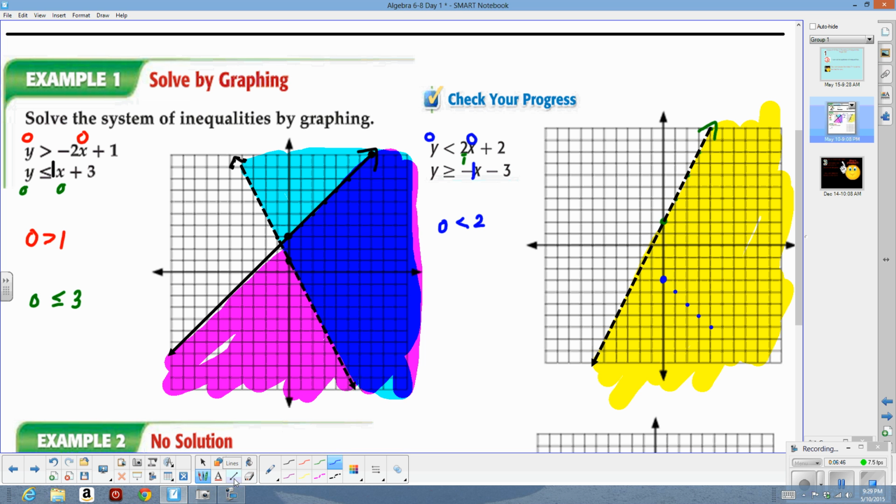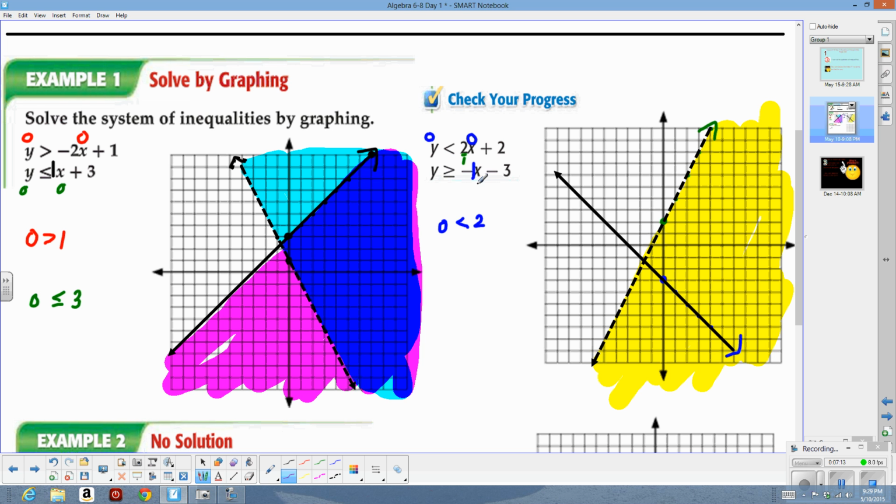It's greater than or equal to. Now to figure out the shading on this one, let's test out 0, 0.